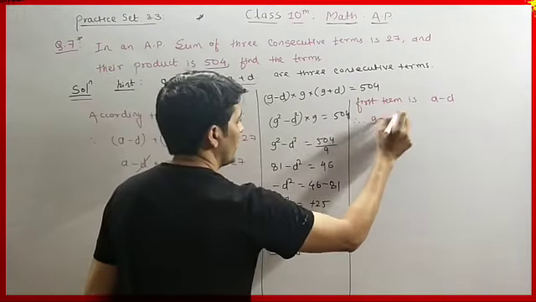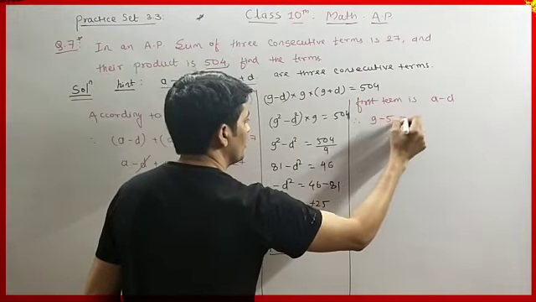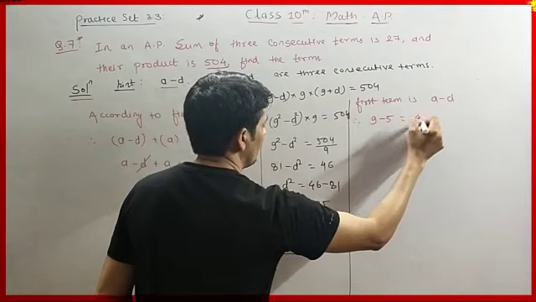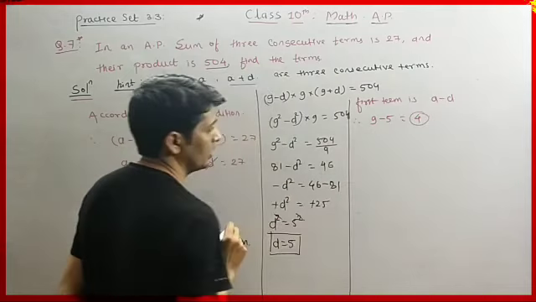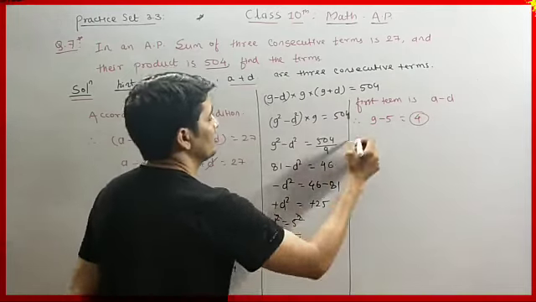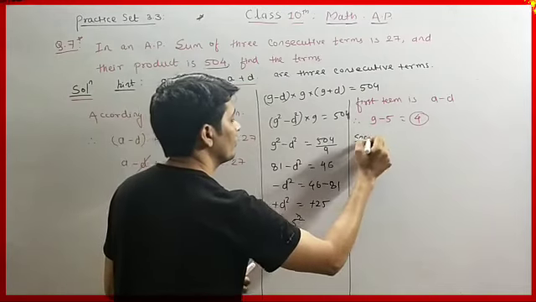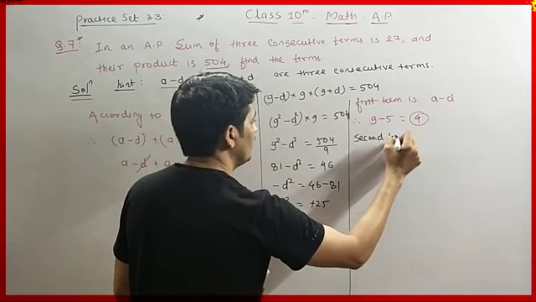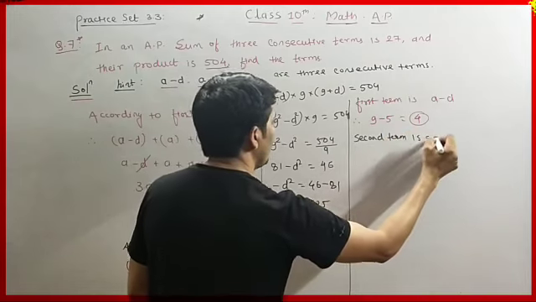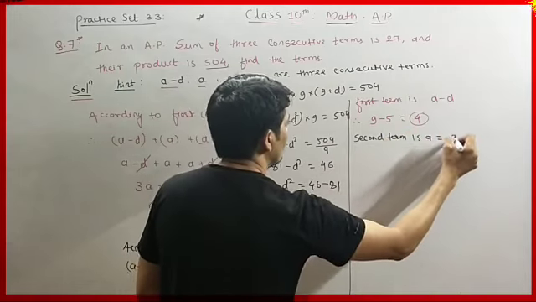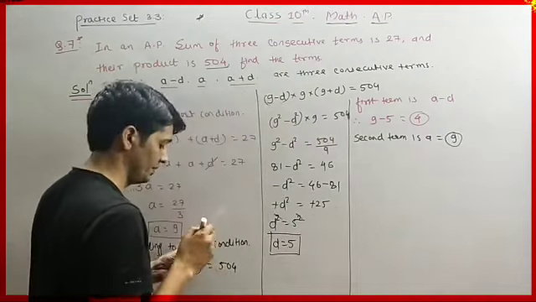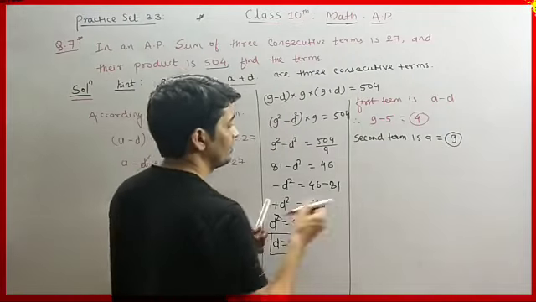So 9 minus D is 5. So 9 minus 5 is 4. So the first consecutive term is 4. Now the second term. The second term is A, and A equals 9.